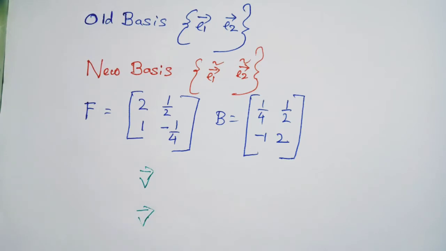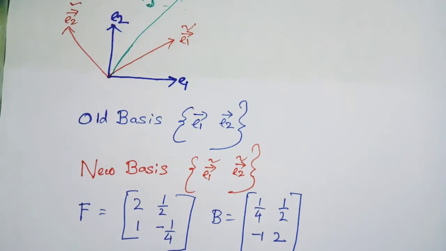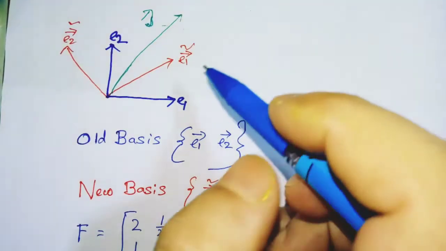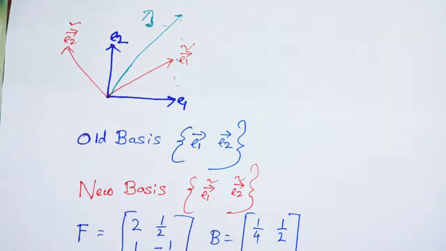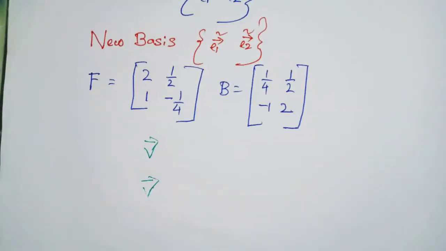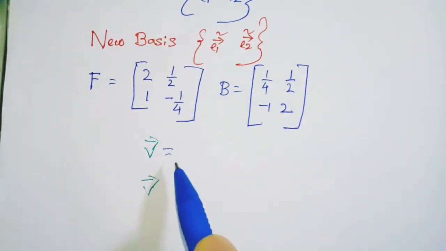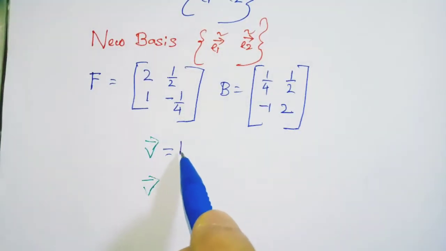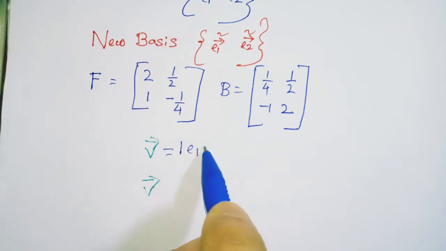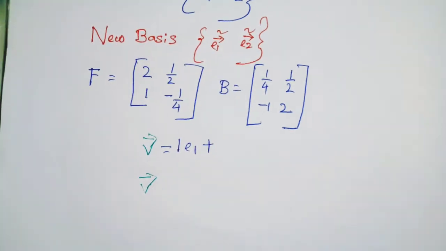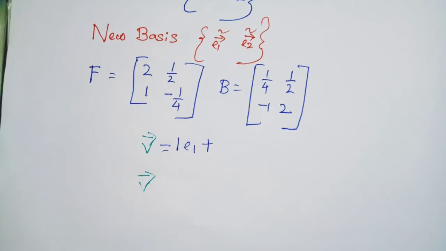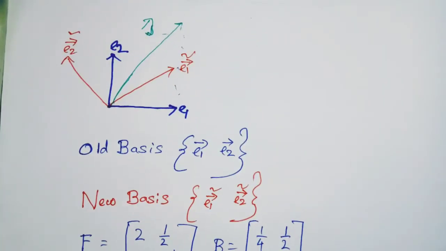So what do we need in order to have E1? For the old basis, it seems that we need one complete E1, right? This part. So I will write it here. It would be 1 E1 plus, and how much of E2 do I need? Say E2 is this part.